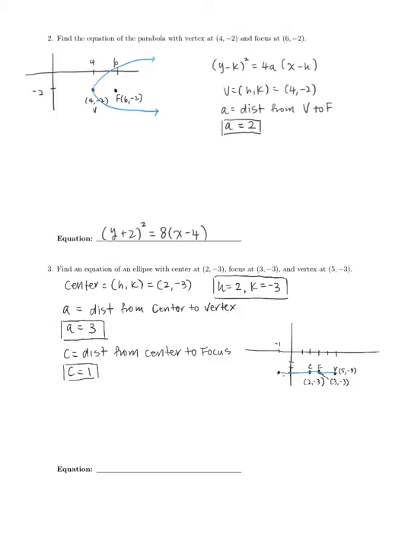Now since we got our a and c, we should be able to get the value for b. So let me just write it out. Note that b squared equals a squared minus c squared, which is going to be, a is 3, so it's 9 minus 1. So it's going to be 8. So our b is going to be, let me see, 2 root 2.